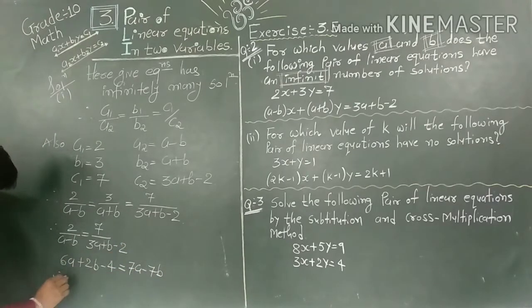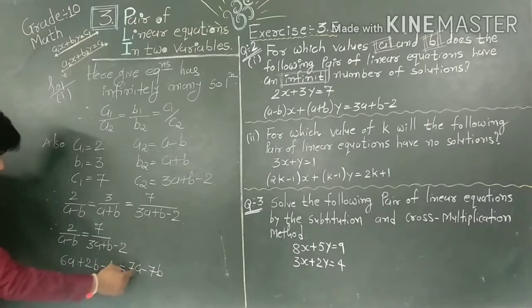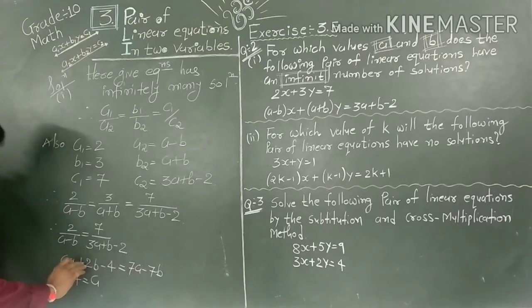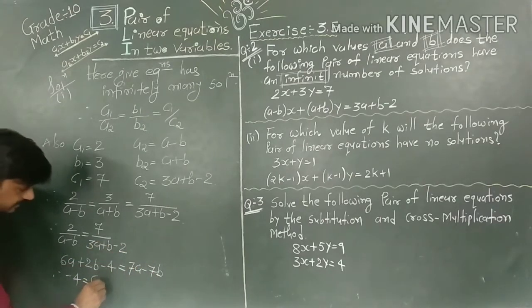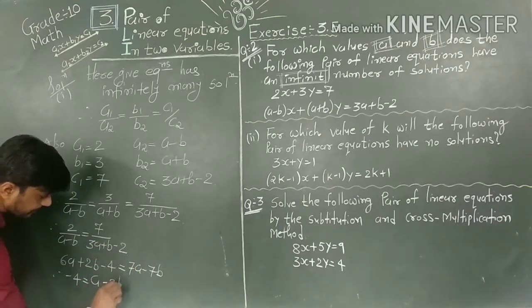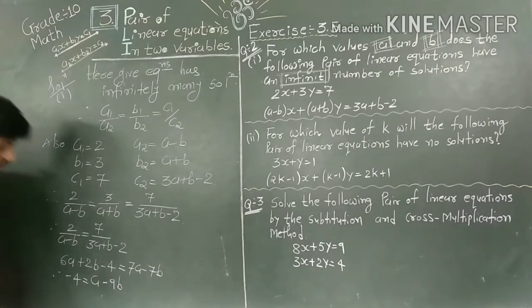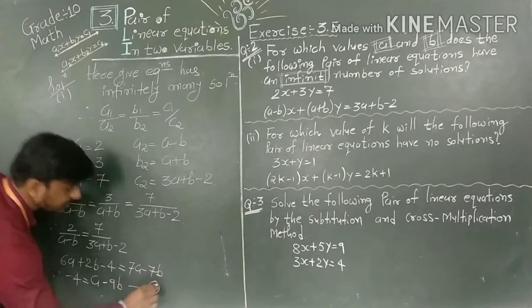Or you can write minus 4 is equal to 7a minus 6a, that means a, minus 7b minus 2b, that means minus 9b. This is our equation number 1.